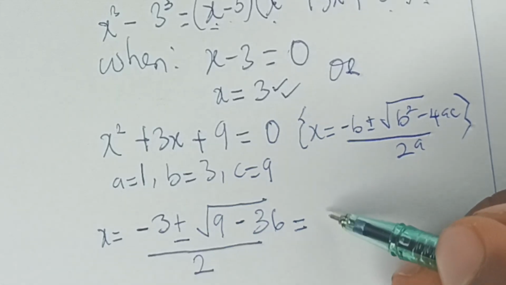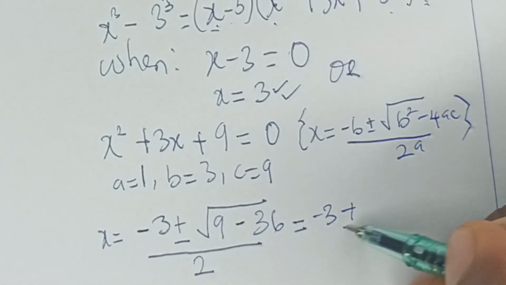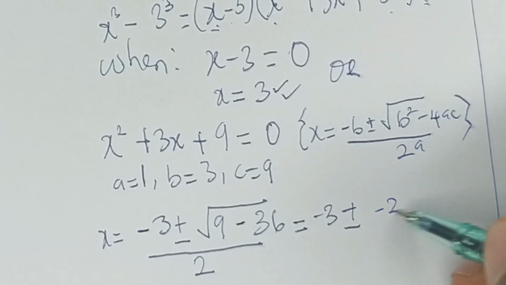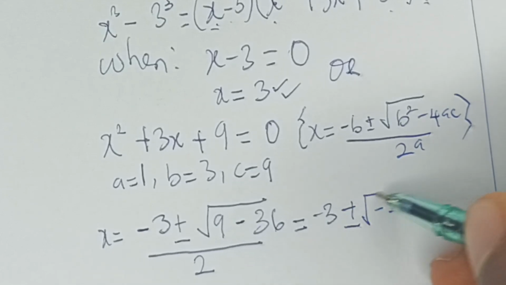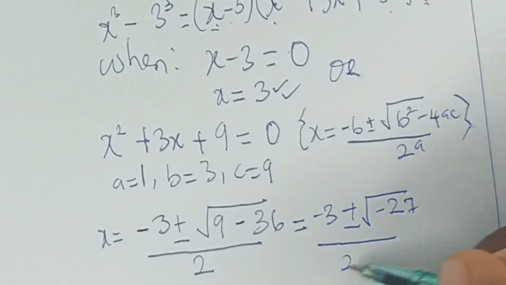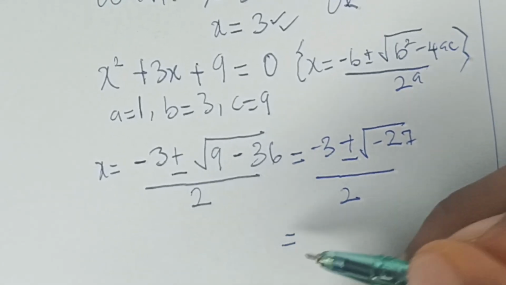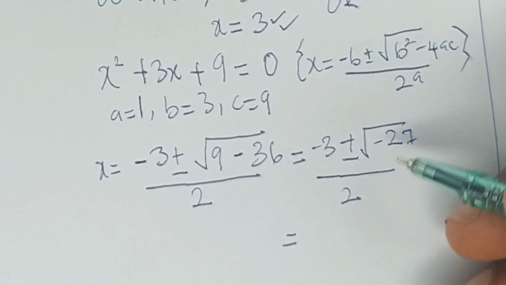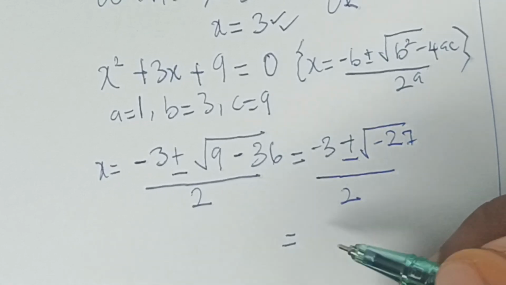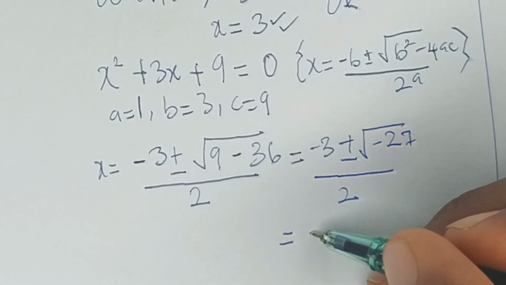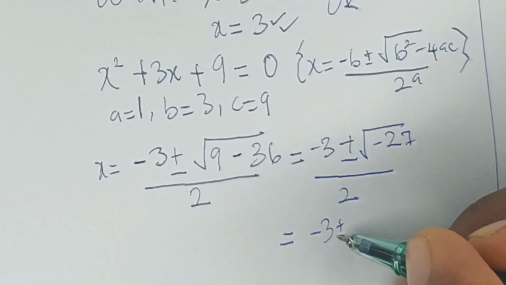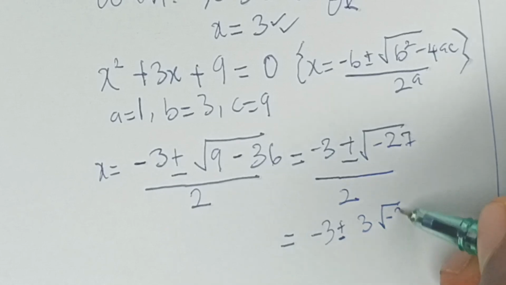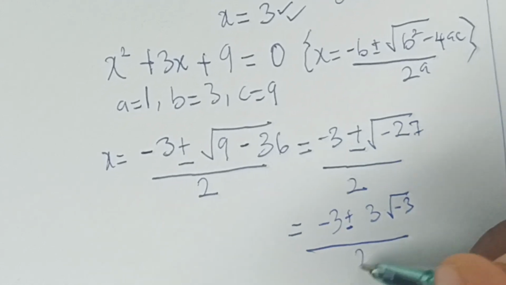This is equal to minus 3 plus or minus the square root of 9 minus 36, which is negative 27, all over 2. The root of negative 27 is 3 root 3, or 3 root negative 3, all over 2.